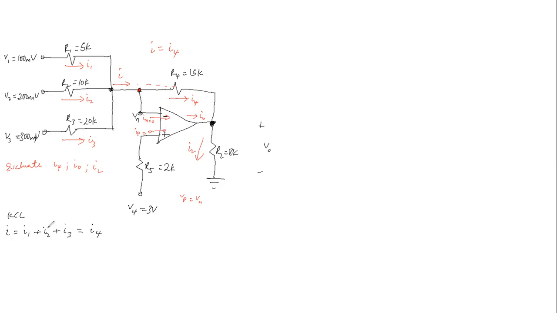Now, if that is clear, then by Ohm's law, we can rewrite this expression so that I sub 1 will be V1 minus Vn, because this node here is Vn, divided by R1, plus I2 will be V2 minus Vn divided by R2, plus I3 will be V3 minus Vn divided by R3.